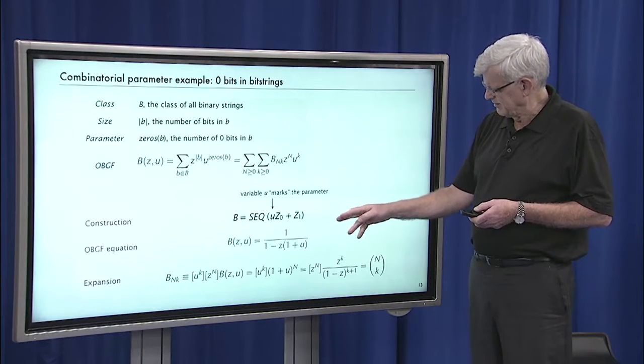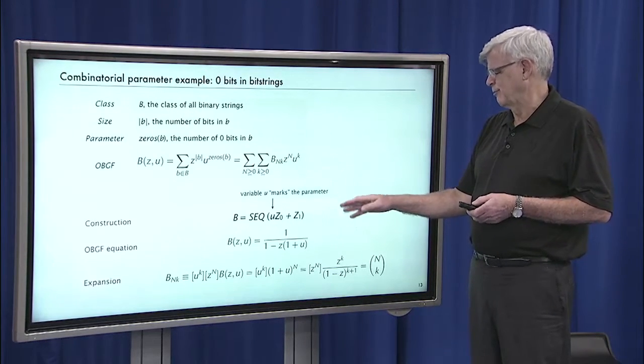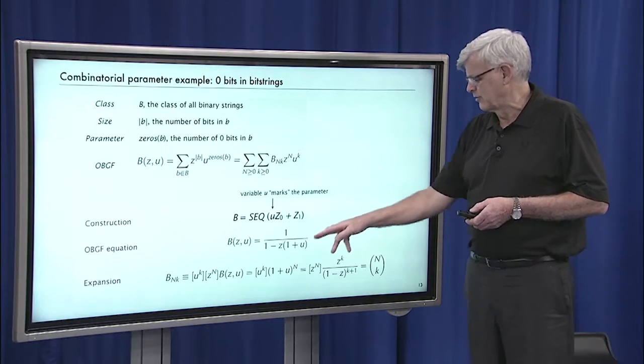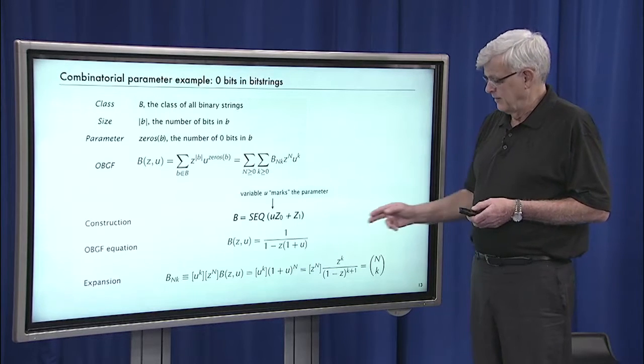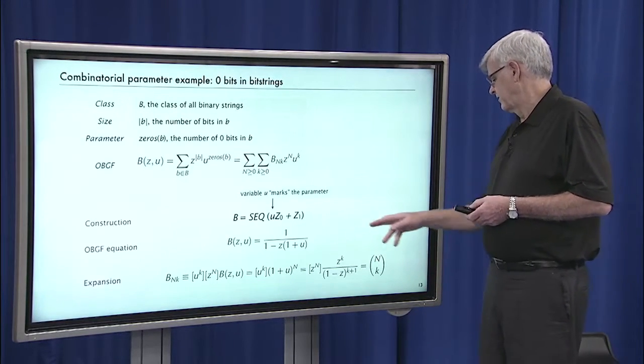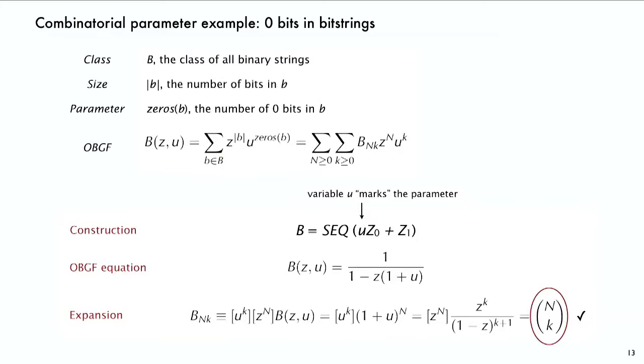So it's 1 over 1 minus z times (1 plus u). That expands to the sum of (1 plus u)^n z^n, so the coefficient of z^n is (1 plus u)^n. And then we want the coefficient of u^k in that, and that's n choose k. Or you could do it the other way around and find the vertical generating function first.